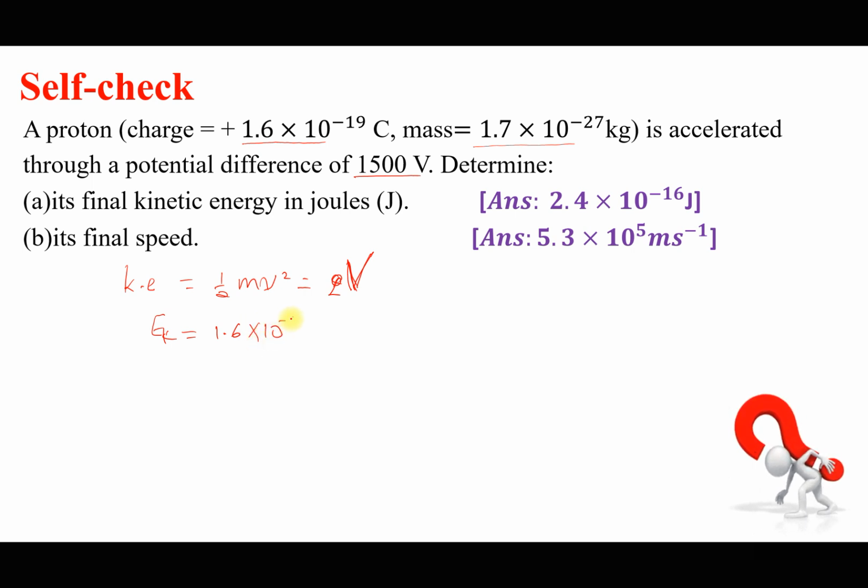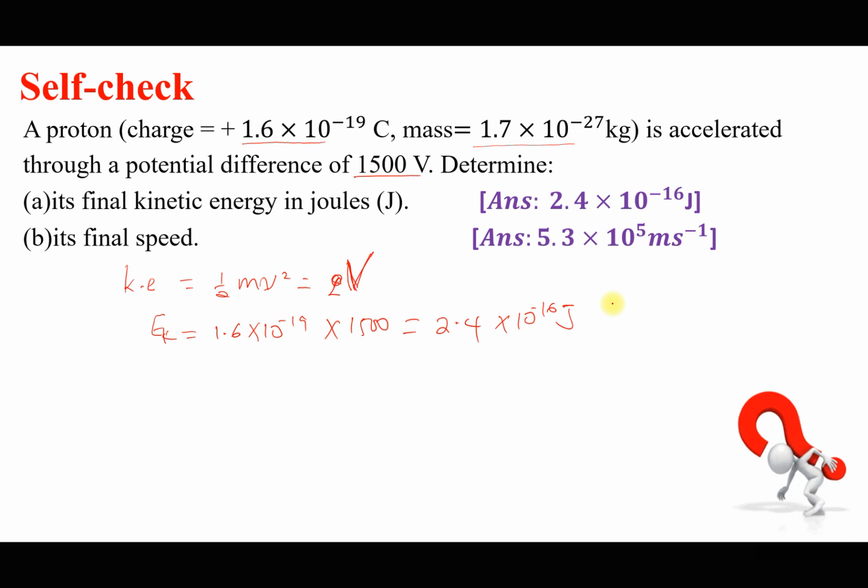Times the accelerating PD, which is 1500. From my calculator, I have 1.6 times exponent minus 19 times 1500. So the kinetic energy is 2.4 times 10 to the power of minus 16 joules.